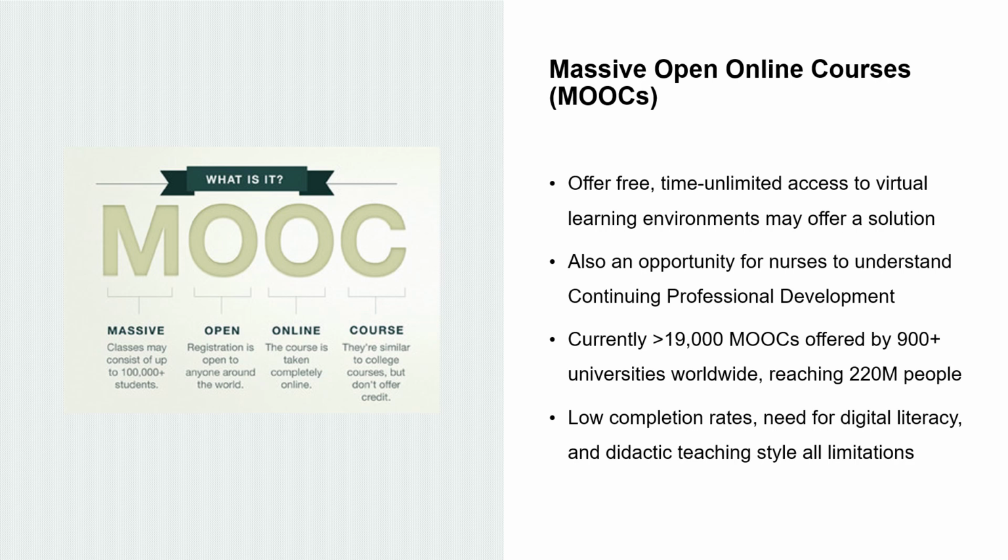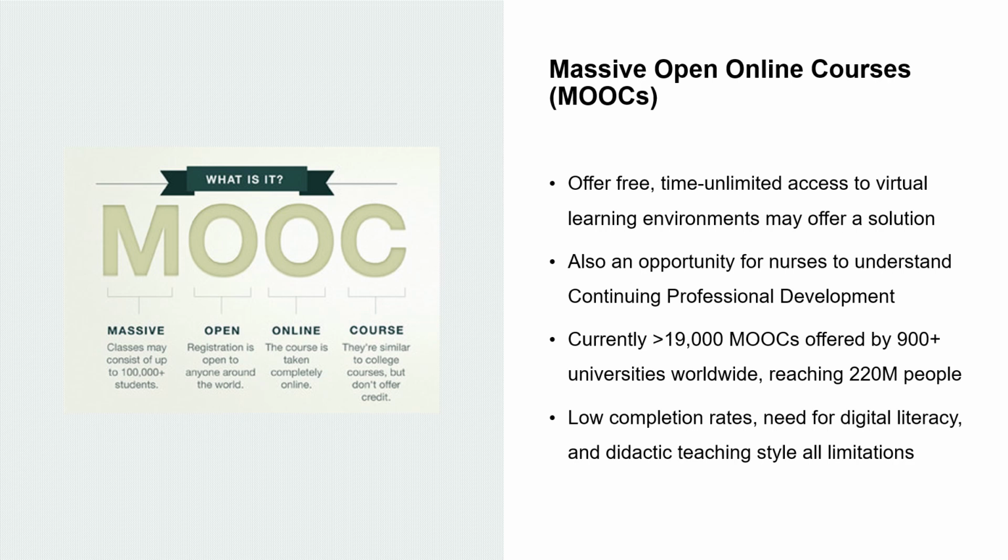Now, across the world, there are currently in excess of 19,000 MOOCs offered by over 900 universities, and they reach in excess of 220 million people. So the reach is quite large. A couple of the downsides associated with MOOCs, however, are that they've been historically known to have low completion rates, somewhere in the order of 5 to 10%.